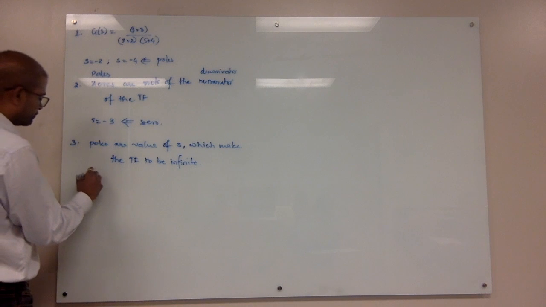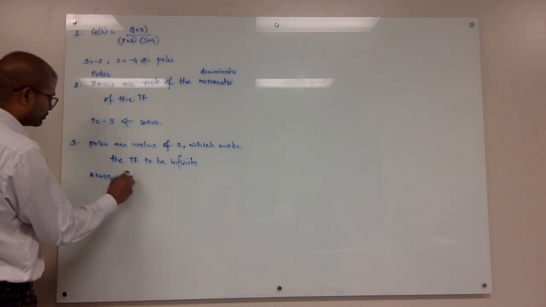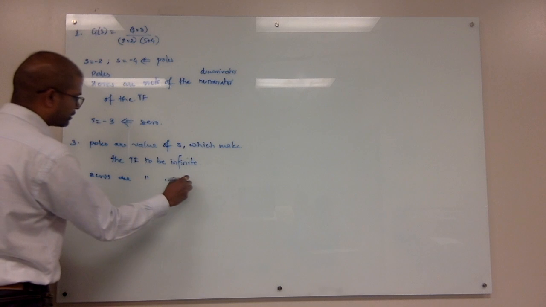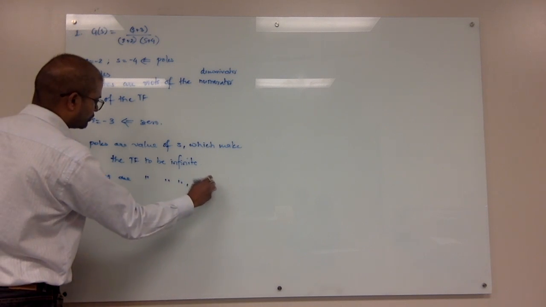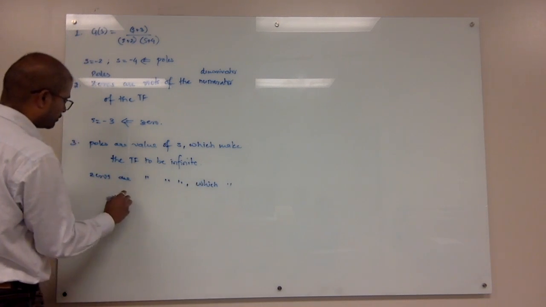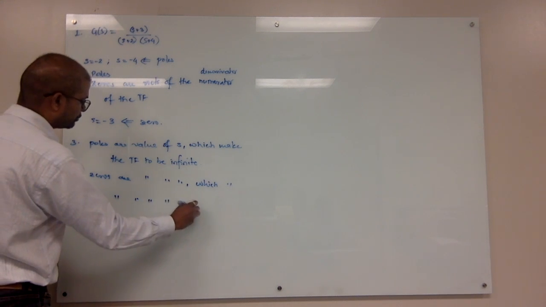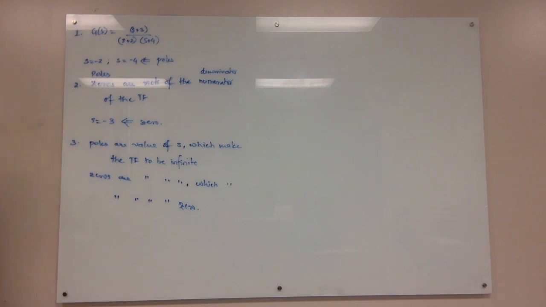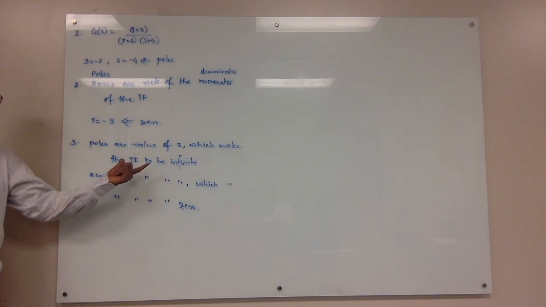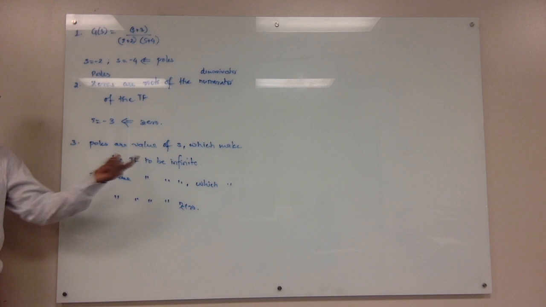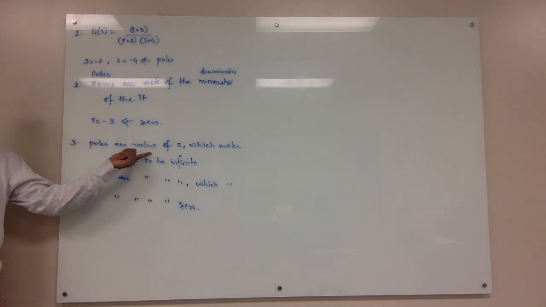And zeros are values of S which make the transfer function 0. Alright. So try to understand this. This is the characteristic and it is very clearly mentioned in the textbook. Okay, you have to just highlight that. I've given you points even if you have said something else as well, but this is the main characteristic of a pole and a zero.